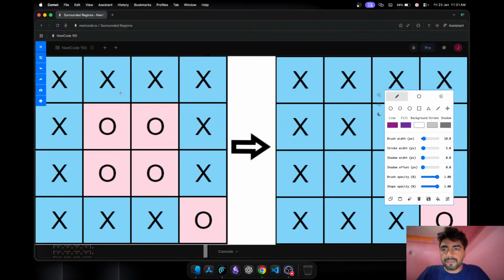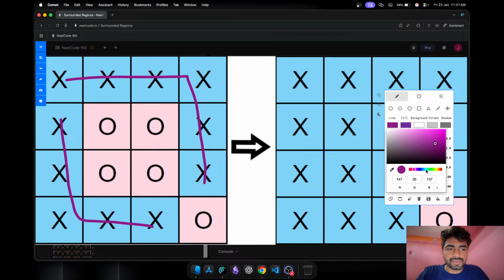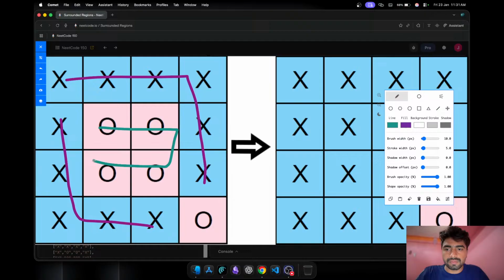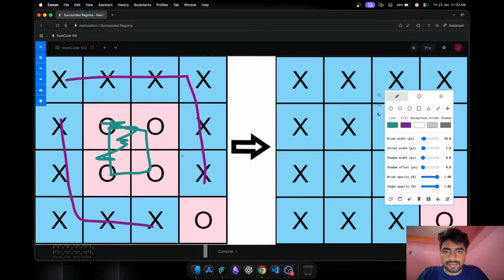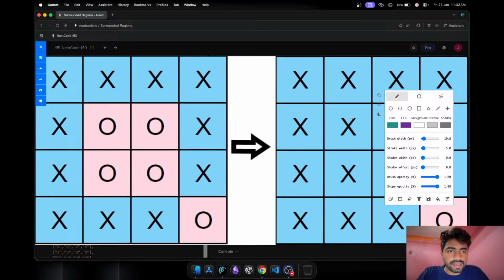So this is our problem: we are given a grid of X and a grid of zeros. What we need to do is convert these zeros that are connected in four groups into X, as you can see here.